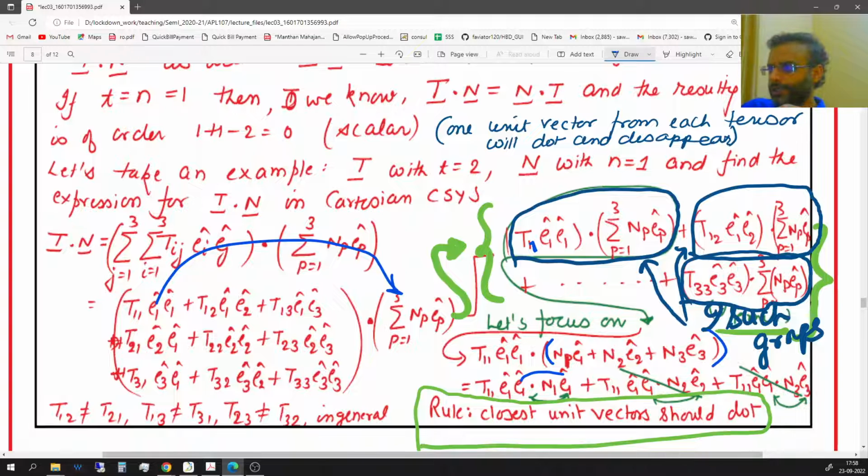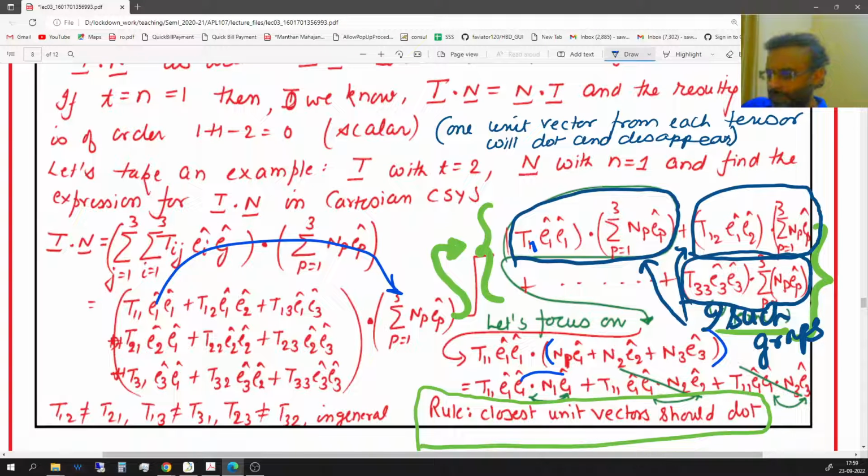The rule is, when I say dot product, I am defining a new type of product, and the rule of this product is that the closest unit vectors should dot with each other. So here you will see that this e1, where the cursor is, is closest to this e1, so they will dot with each other. In this case, both are e1, so I will get e1 dot e1, which will be just unity.